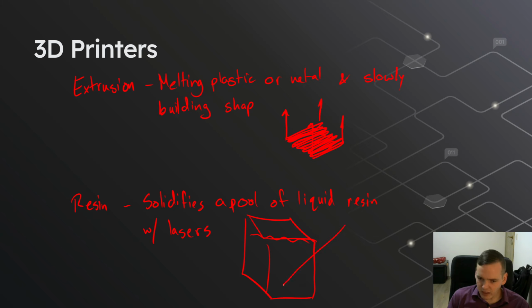And then if you shine a laser to just this exact point down here, you can make a little solid piece. Then you can shine another laser right above it and make another solid piece. And then maybe you go off to the side and you can make much more detailed objects this way because you can just shine exactly where you want that laser to be.